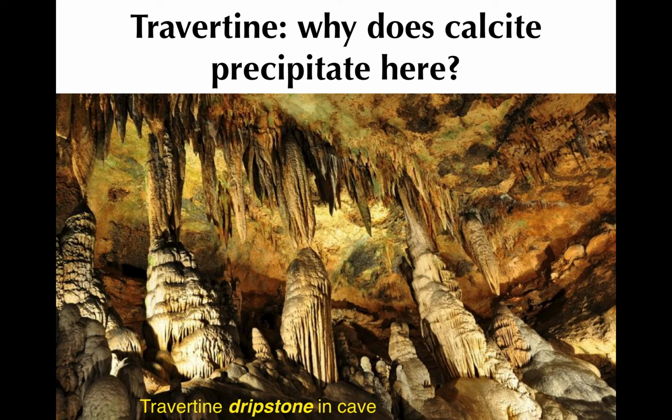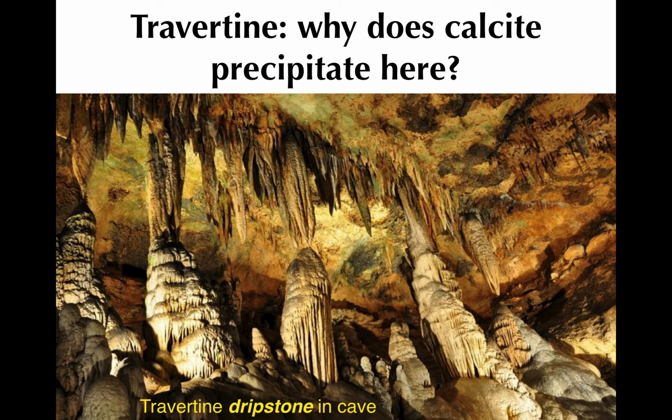When CO2 charged groundwater is traveling through limestone and ends up seeping into the roof of a cavern through either fractures in the bedrock or just through the bedrock itself, as soon as it comes in contact with the air in the cavern, it loses its CO2 to that atmospheric air where the concentrations of CO2 are lower. And as a result of that loss of CO2 to the air, it precipitates calcium carbonate as the dripstone formations that you see here. The rock type that forms dripstone is called travertine.